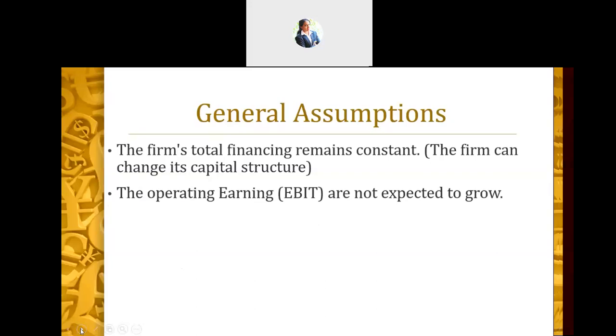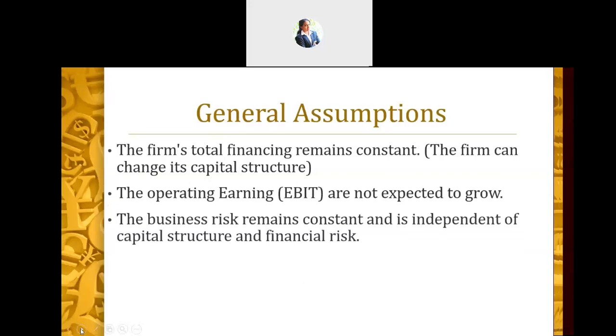And also that the earnings before interest and tax, or what we call operating earnings, are expected to have no changes or no growth. And also that the risk of the business remains constant, and the risk is independent of capital structure and financial risk.